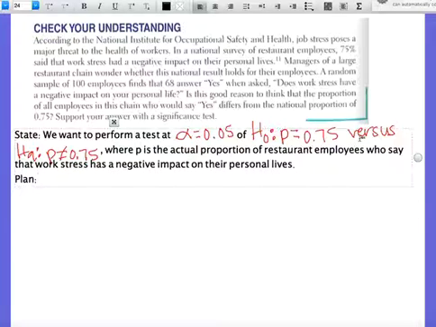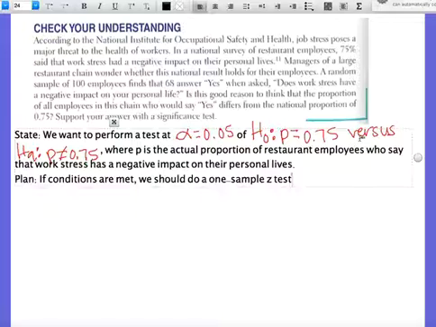Next, we plan. So we've got to check and see if our conditions are met. So we say if conditions are met, we should do a one sample z-test for the population proportion P. So we're going to check and see first that it's random.